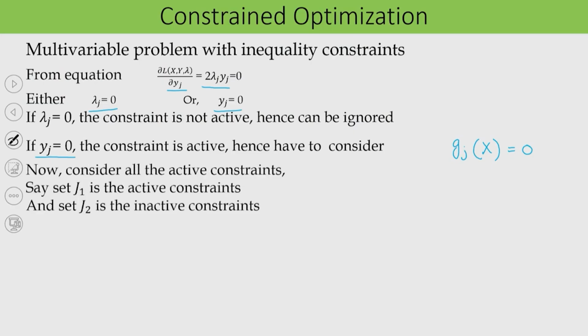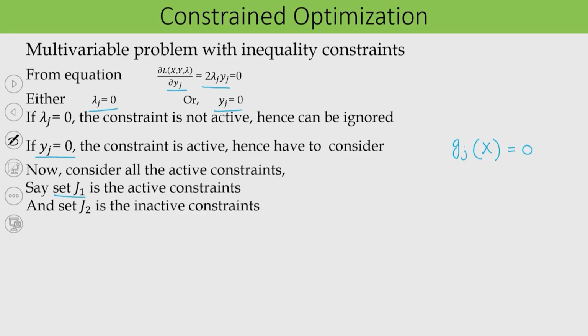So, therefore, now what can we do? Suppose we consider all these active constraints. Suppose we have a set J1, which is the set of active constraints.